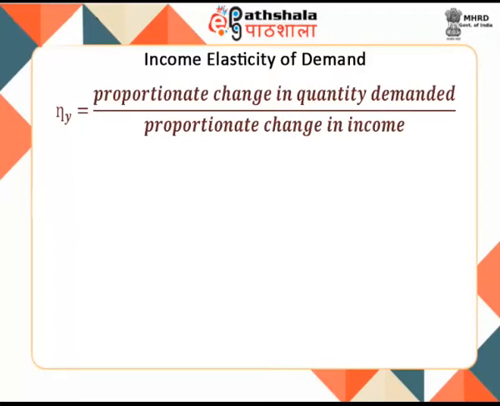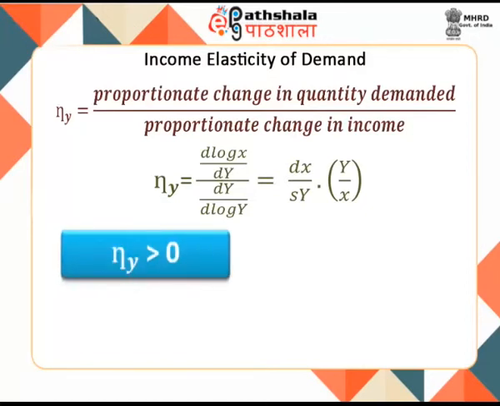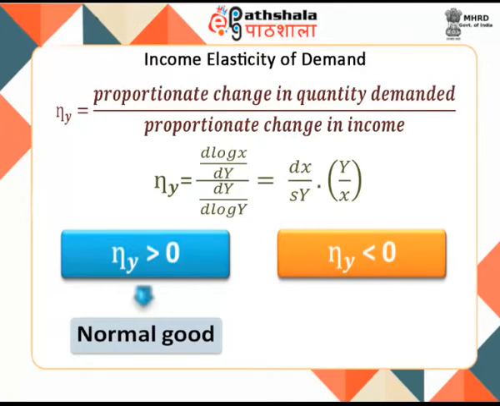That is, eta y is equal to d log x by d log y, equal to dx by dy into y by x. Note that when eta y is greater than 0, the commodity is normal, and when eta y is less than 0, the commodity is inferior.